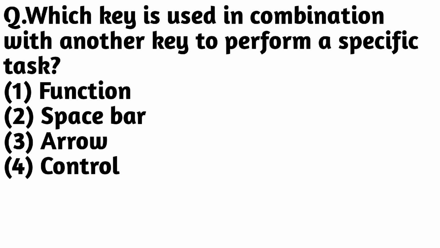Which key is used in combination with another key to perform a specific task? Option 1 function, 2 space bar, 3 arrow and 4 control. The correct answer is option 4 control.